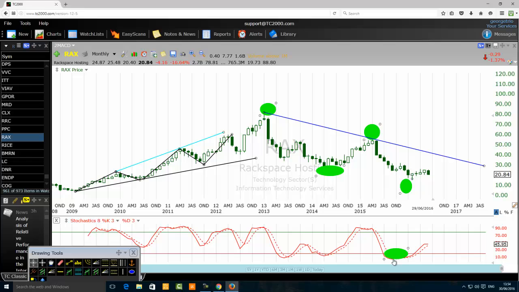Anytime the stochastic is oversold and the price forms a lower low, it is a higher risk. Very high risk, because you want to buy when the bearish momentum is increasing. This is one of the worst oversold stochastic stock trading mistakes: price forming a new lower low, and the stochastic is oversold, and you want to buy.